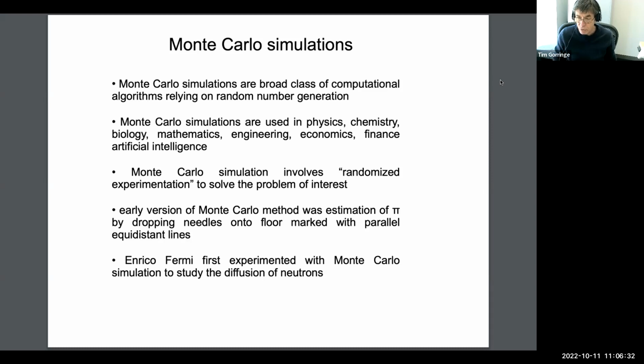They are neutral particles, and they can diffuse through different materials, randomly walking through the matter. Enrico Fermi used a Monte Carlo simulation to study that diffusion of neutrons as they randomly walk through a material.